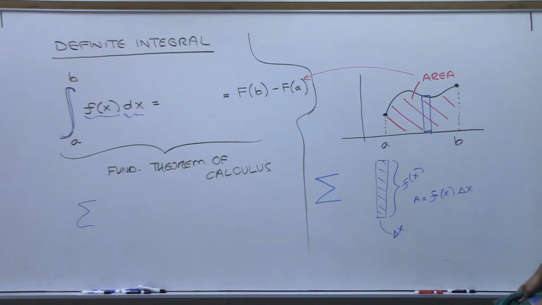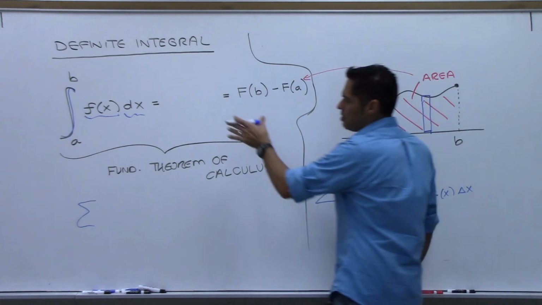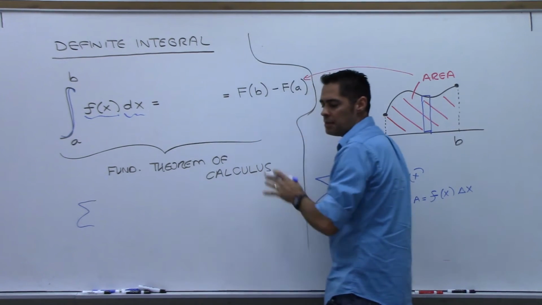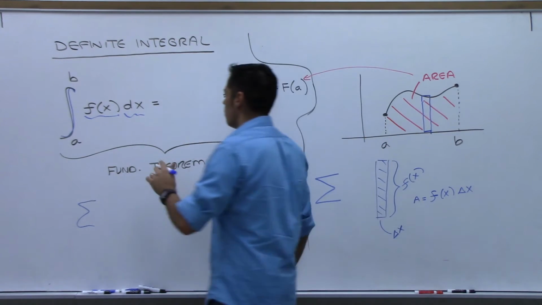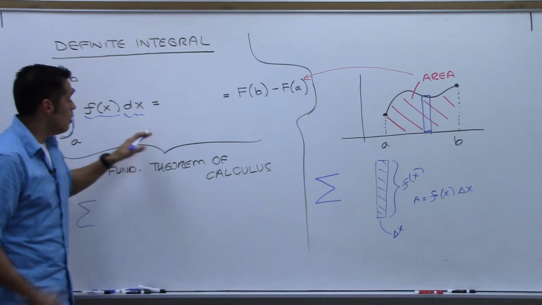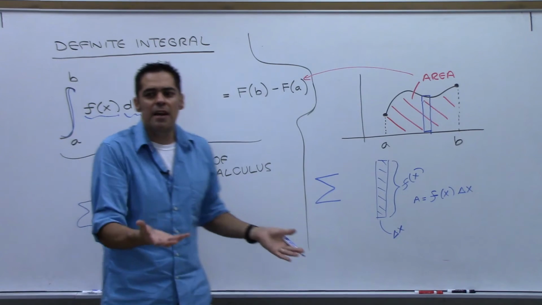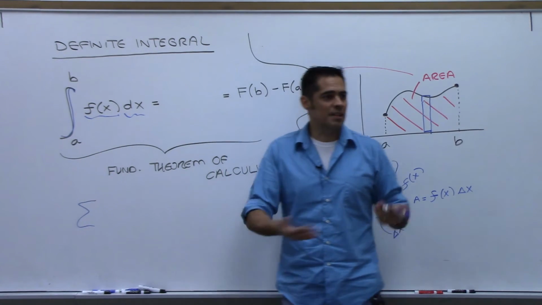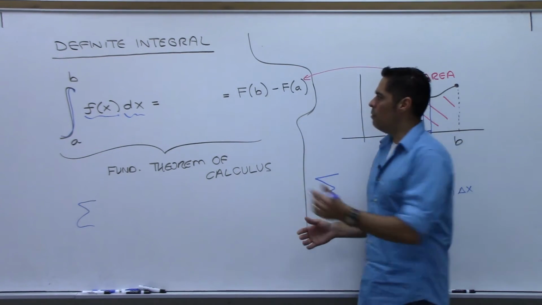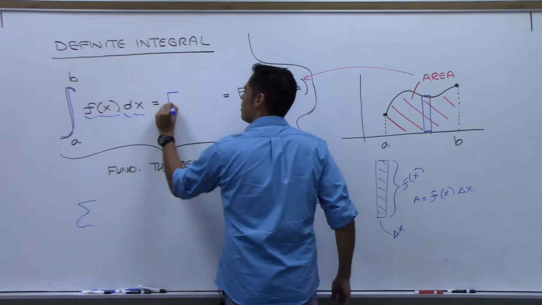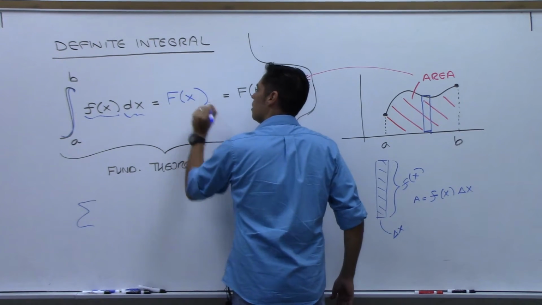All right, so that's what it means. It represents the area under the curve. And I left a space in here for a reason, and that's because when you're doing definite integrals, what we like to do is first find the antiderivative, right? Because that's what we've been doing this whole time. So what we like to put here is just capital F of x.